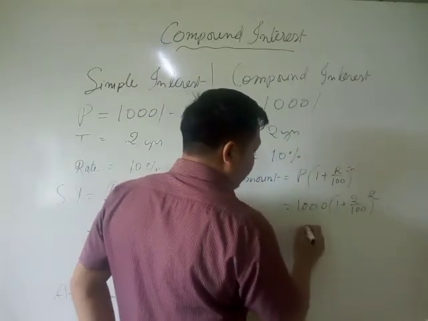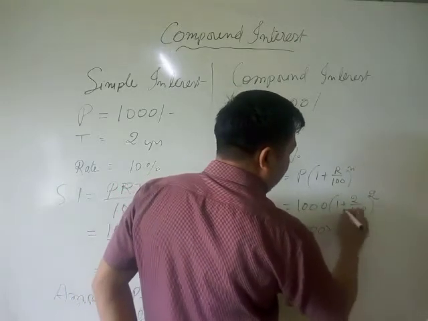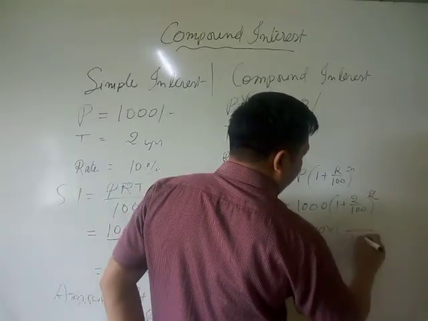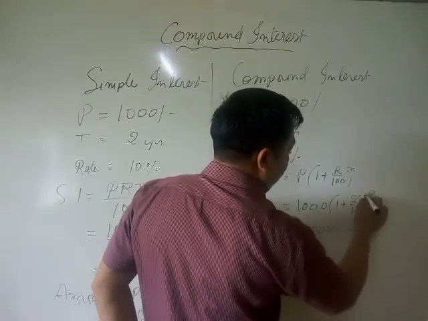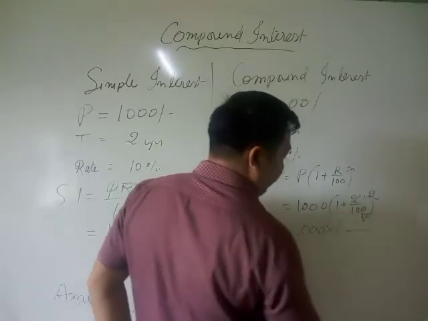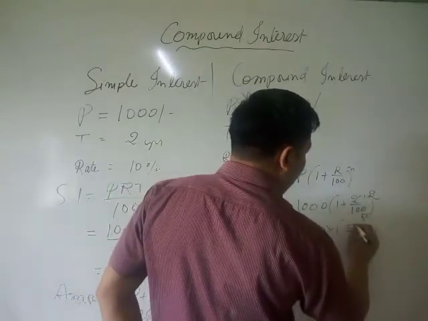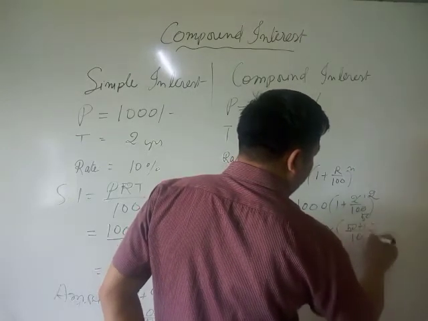Now we have 1,000 into, here you see, take the LCM. First we do one thing: cancel this, 1 by 25, so 1 by 50. So here you get 1 by 50 plus 1 by 10 into 2.